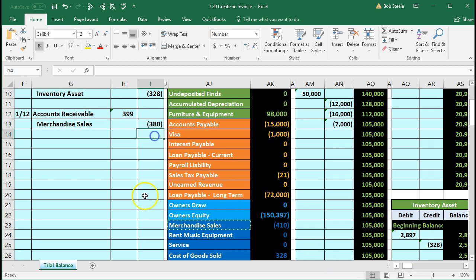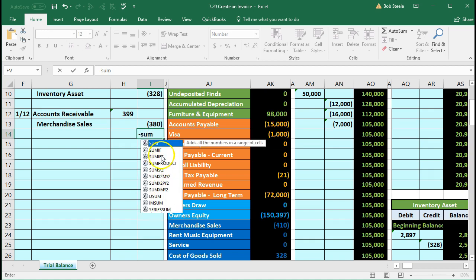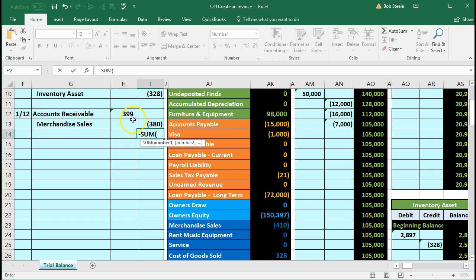I'm going to put that in a calculation with the negative sum function. I could put just negative 19, but I'm going to use the sum function here. This is kind of the plug formula to get that last number in our journal entries. And we're going to say equals, or negative, SUM, and then double click the sum function, highlight from H12 to H13.